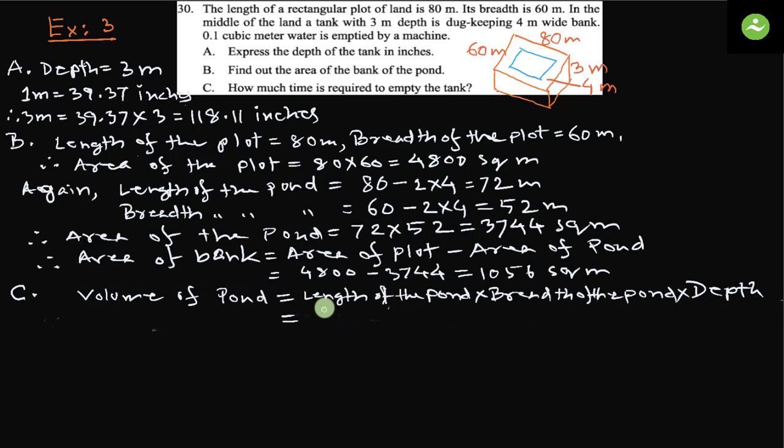What is the length of the pond? We already found here in B we can see 72 meter and breadth is 52. So 72 multiplied by 52 and the depth is 3 meter. So unit will be meter into meter into meter, cubic meter. 72 into 52 into 3 equals to 11232 cubic meter.